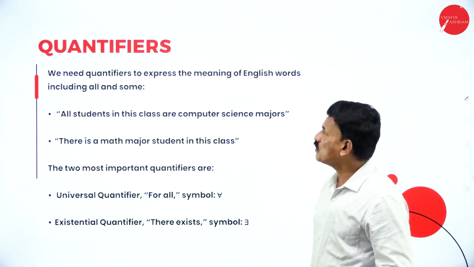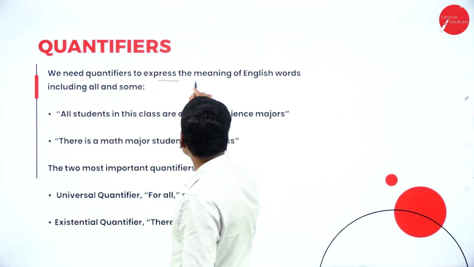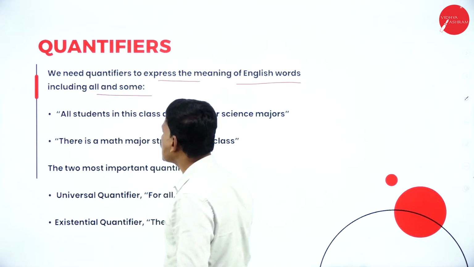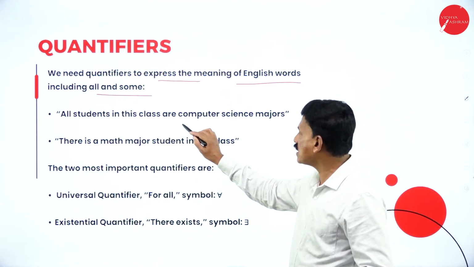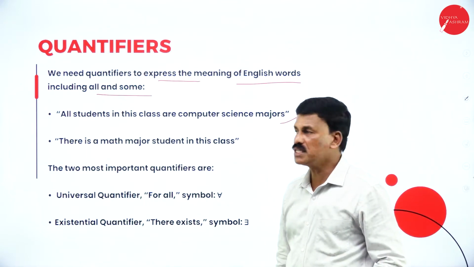Now, we need quantifiers to express the meaning of English words including all and some. Let us consider, for example, all students in the class are computer science majors.